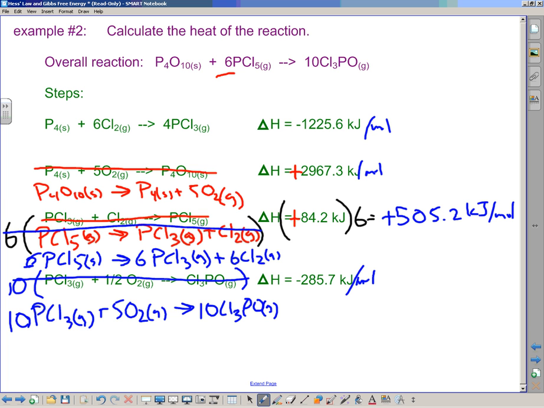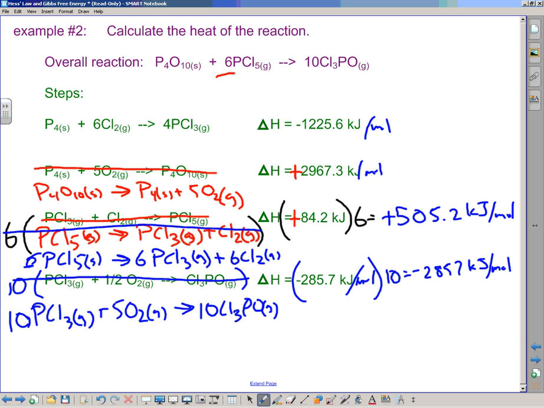And we'll cross that out there. We take the entire delta H and multiply it by 10, and that gives us negative 285.7 kilojoules per mole. Whoops. No, I just wrote the exact same number again, didn't I? Negative 2857 kilojoules per mole. There we go.